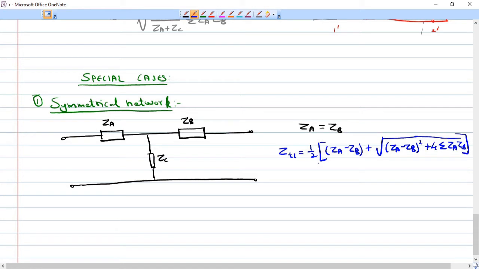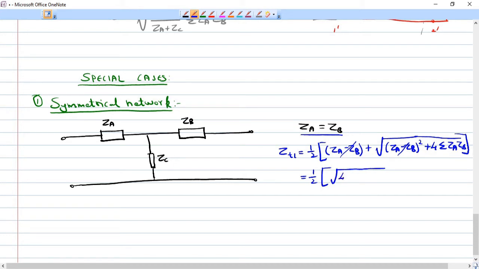Okay, so what happens when ZA becomes equal to ZB? So this term will vanish. Okay, so what we will have is half of, so inside the square root we will have 4 sigma ZA ZB.